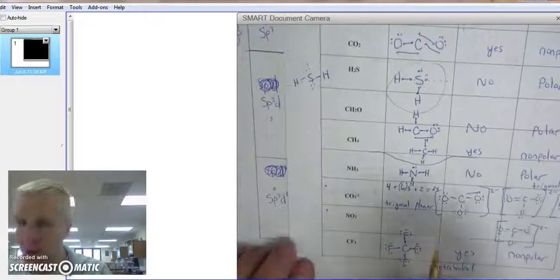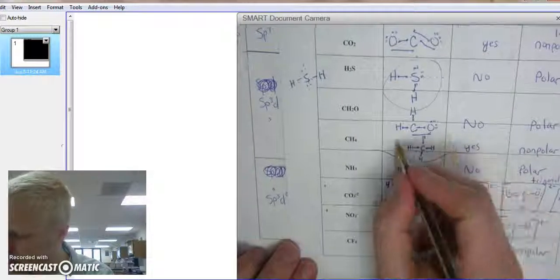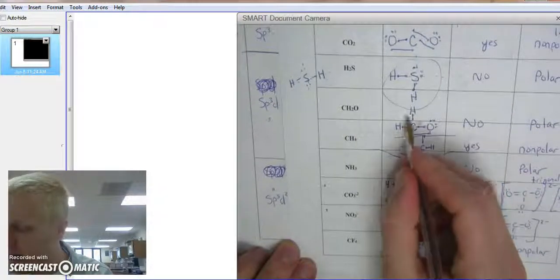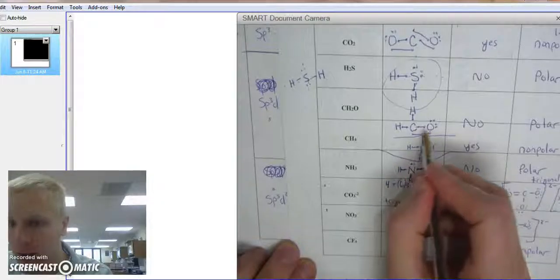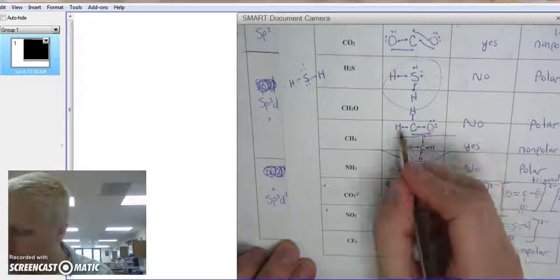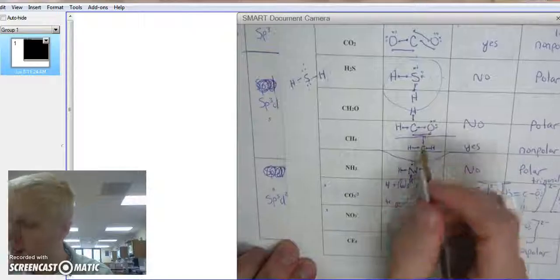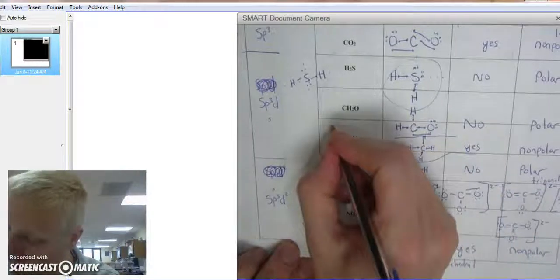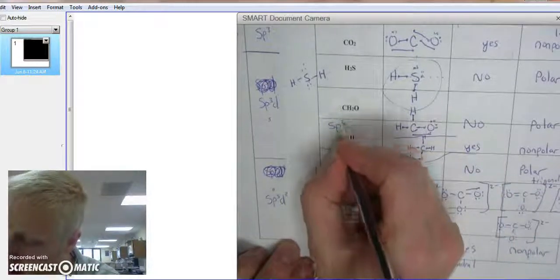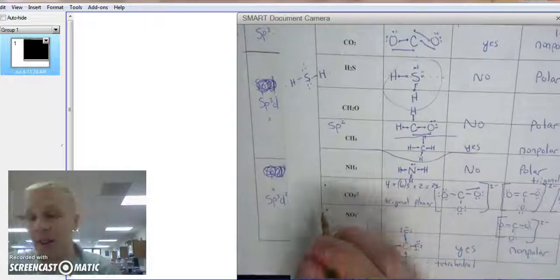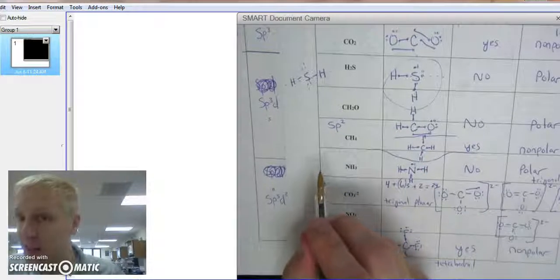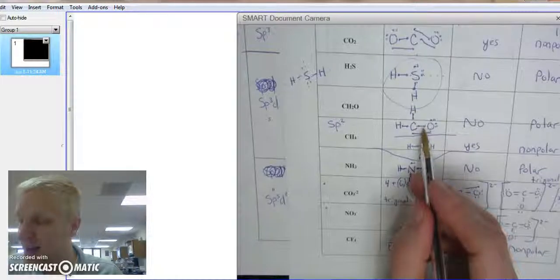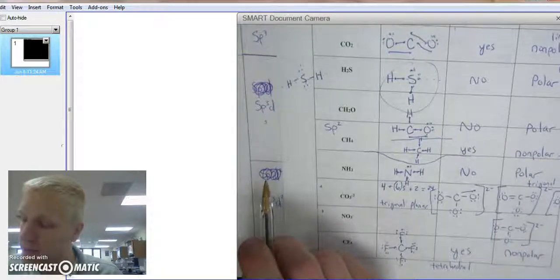Doing another one, we have CH2O. We have just 3 electron groups. So this guy has to be sp2, 2 P's and 1 S, 3 electron groups. And sp2 means there's at least one double bond, and there in fact is at least one double bond.